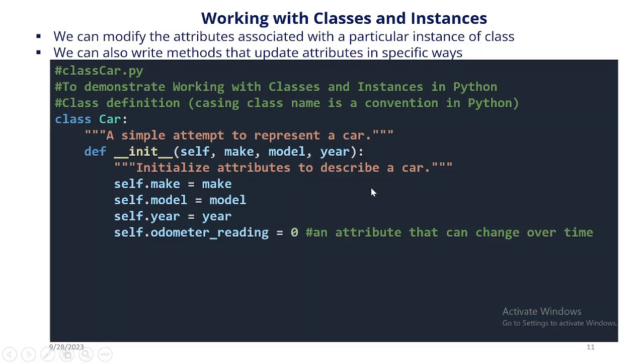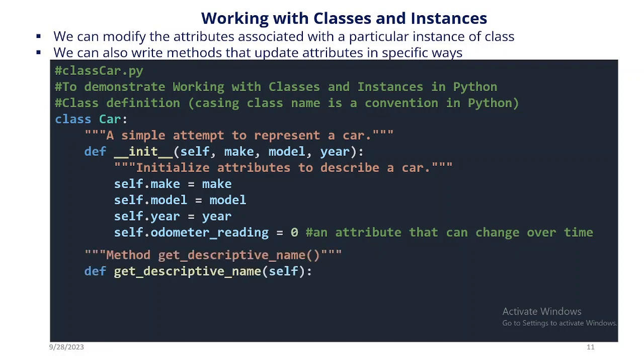So we add another attribute that we did not define in the parameter list of the definition of init. So we said self.odometer_reading equal to 0. Now this kind of attribute can change over time. You can still access it when you create instances of a class.